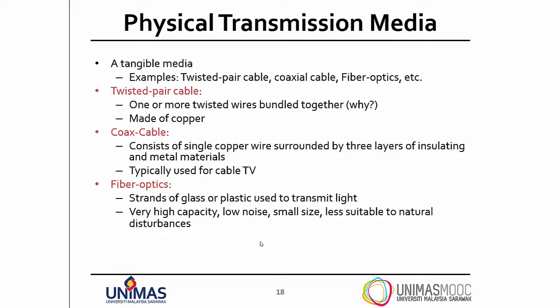Now, the last subcategory is fiber optics. Fiber, if you know the term, is just a strand of glass or plastic, and the main idea is to use light as the transmission signal. The advantages of using fiber optic are very high capacity, low noise compared to metal, smaller size, and less susceptibility to natural disturbances and interference.